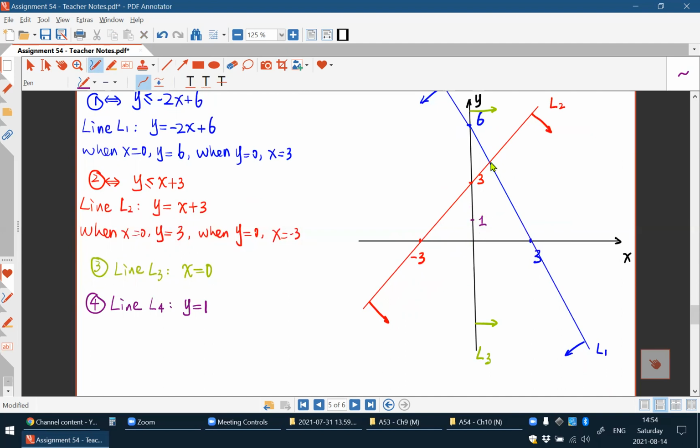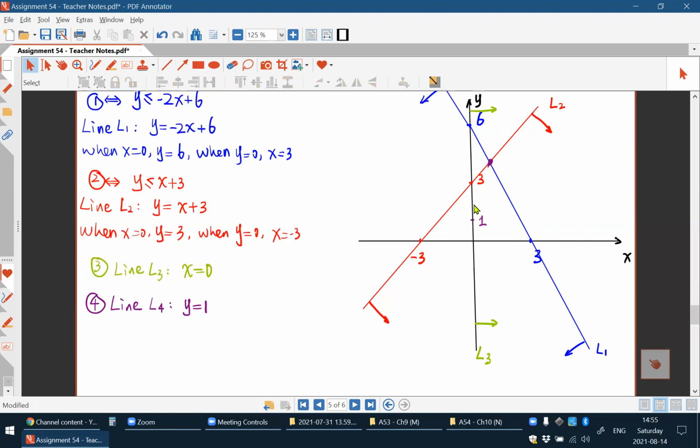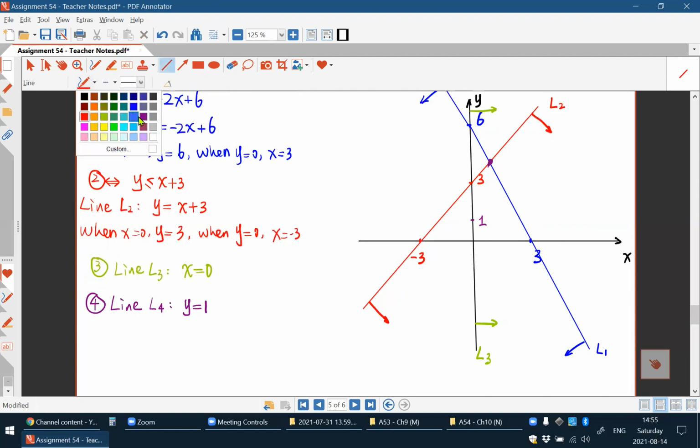And technically, you need to check whether this intersection point is above this line or under this line. For this particular problem, it's very easy to see because we already know that the red line passes through 0, 3, and the intersection point must have a y coordinate that is greater than 3, right? Greater than 3 means it must be greater than 1. So we can just directly draw the fourth line like this. This is our fourth line.